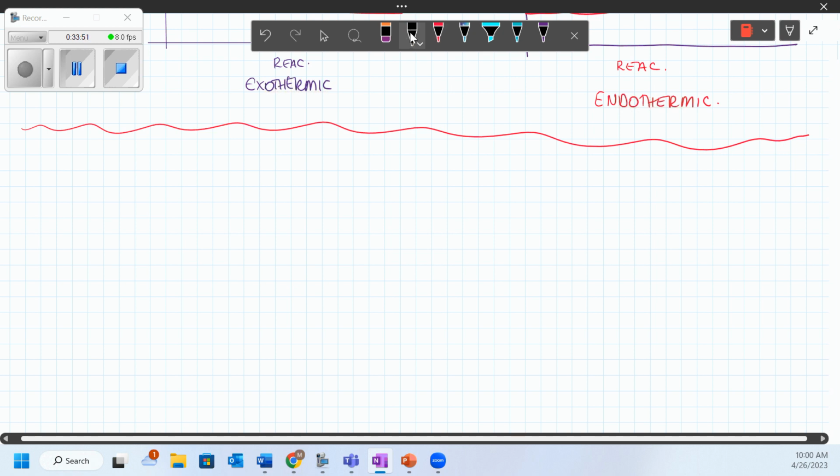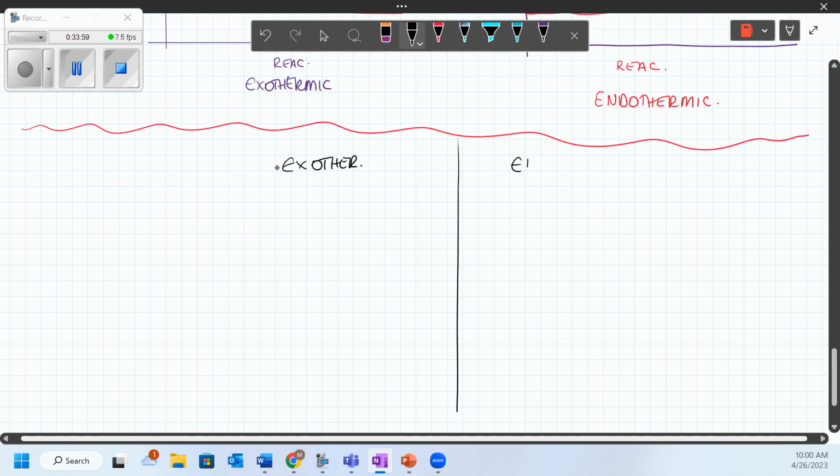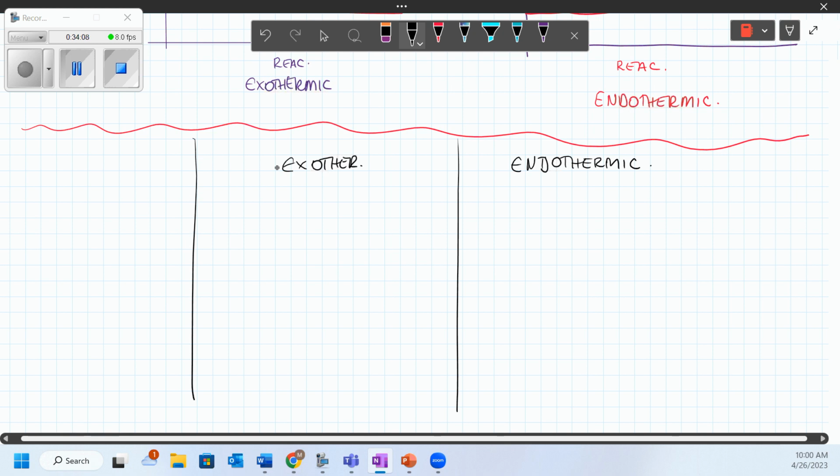It's kind of a table. We have 2 types of reaction: exothermic reaction and endothermic reaction. And on the other hand, we have 4 ways of communicating it.